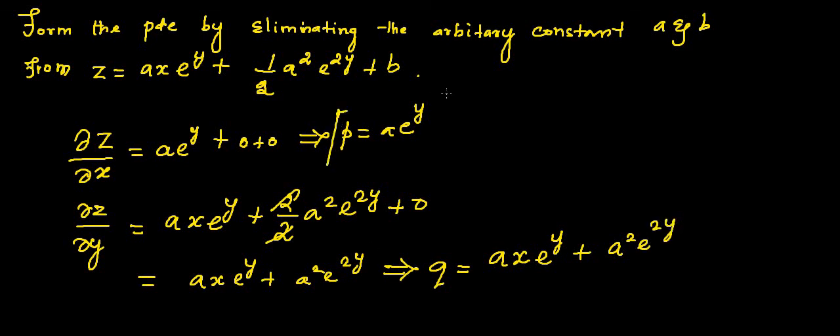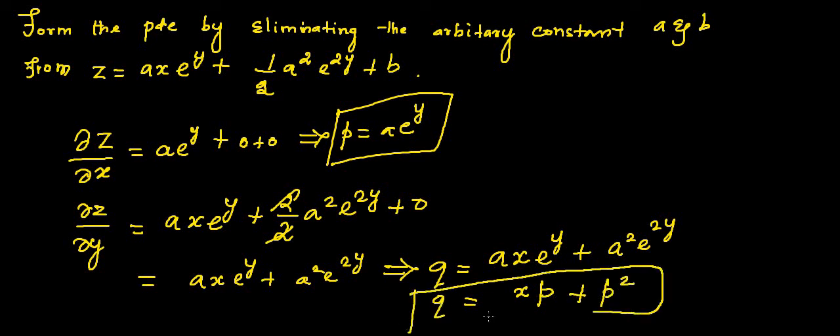So from the first equation, we know that p is equal to a into e power y. Therefore q is equal to x into p plus p square. So this is the required partial differential equation.